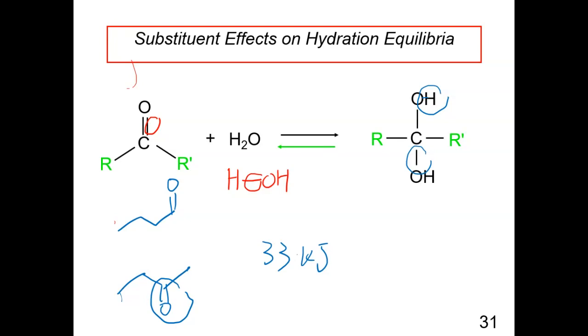This is crucial information, and it will have a lot of implications in later reactions. You don't have to memorize the number, but what you should know is that the ketone carbonyl is sizably more stable than the aldehyde carbonyl. Why?